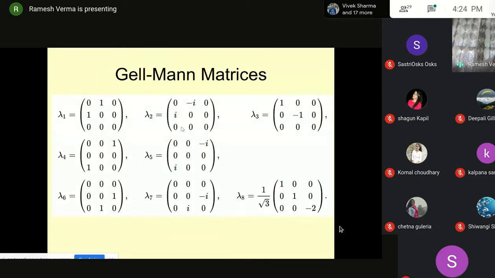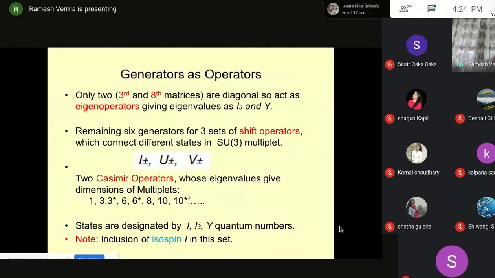So these remaining 6 generators can be used to form 3 sets of shift operators. These shift operators are quite similar to L plus minus, which we came across while talking about angular momentum analysis. So here I just name them I plus minus, U plus minus, and V plus minus. And then from these lambda matrices, we simply square them and add, or we cube them and then add.